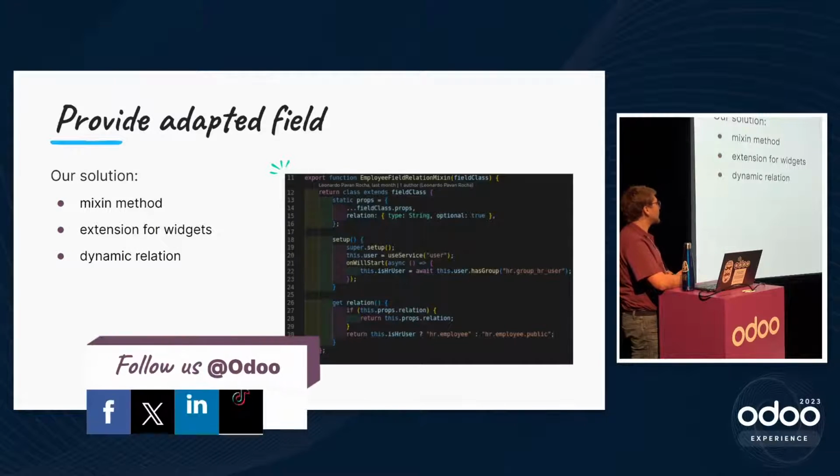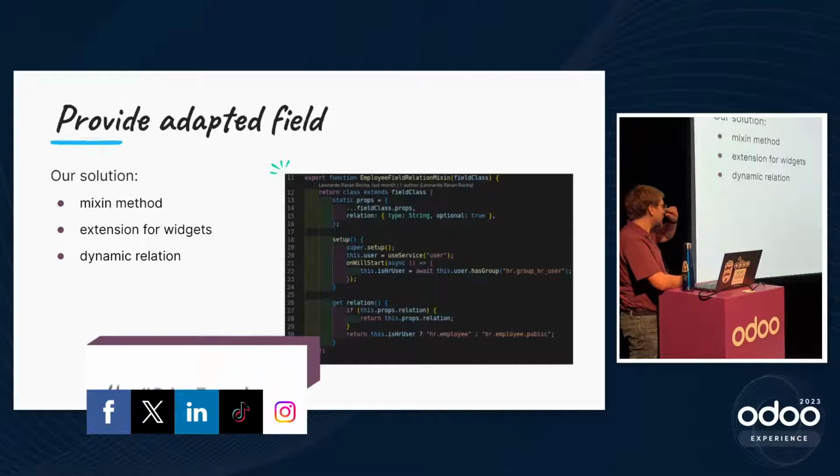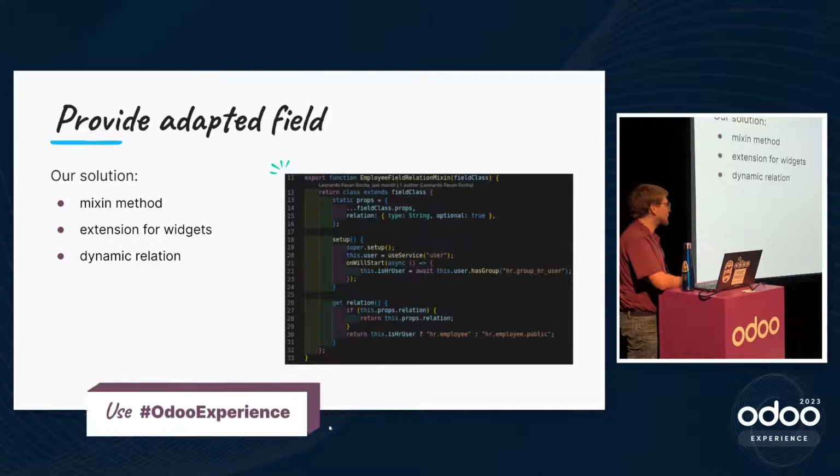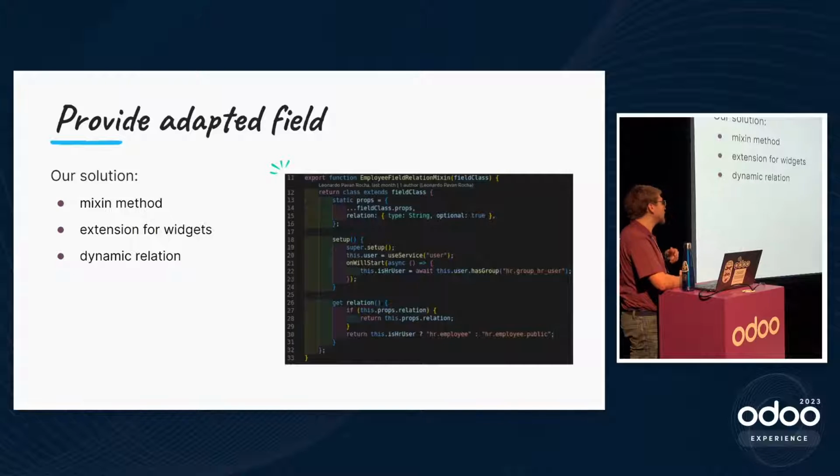And then, just below, we can see that we have a getter for the relation, and it will dynamically give employee or employee public given the property that has been created above.